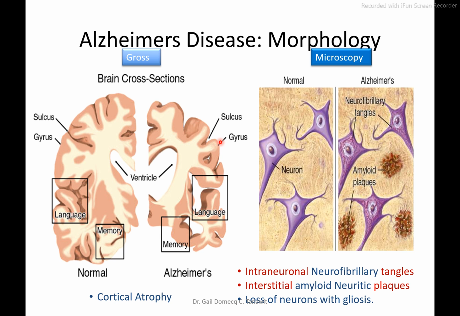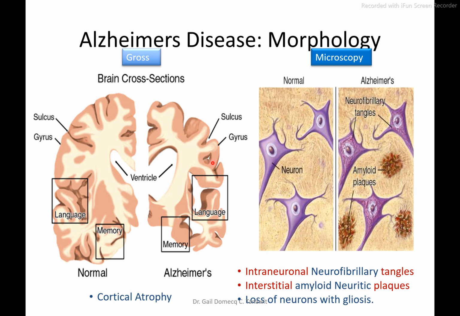The gyri are atrophic, and it depends on the area that is hit the most. For example, if it hits Broca's area, then the patient would be aphasic. Or if it's in the memory area, then the recollection of those memories will be quite impaired. Or sometimes, in unfortunate cases, there would be a global atrophy, and therefore the patient would be significantly debilitated.